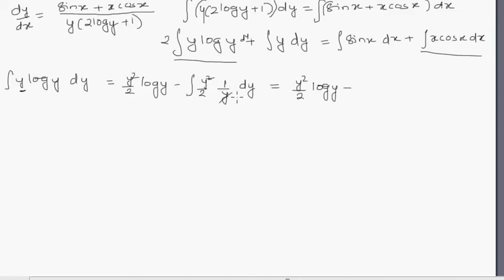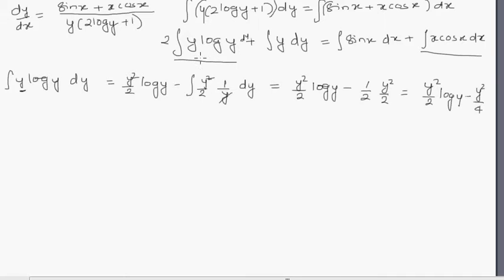The integral of y over 2 dy is, 1 over 2 comes out, so the integral of y dy is y square over 2. In all we have y square over 2 log y minus y square over 4. So all of this is this part here.